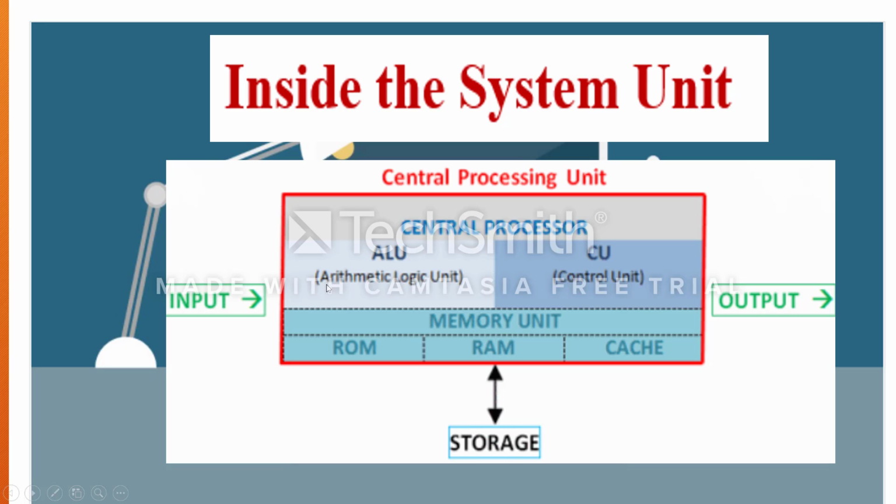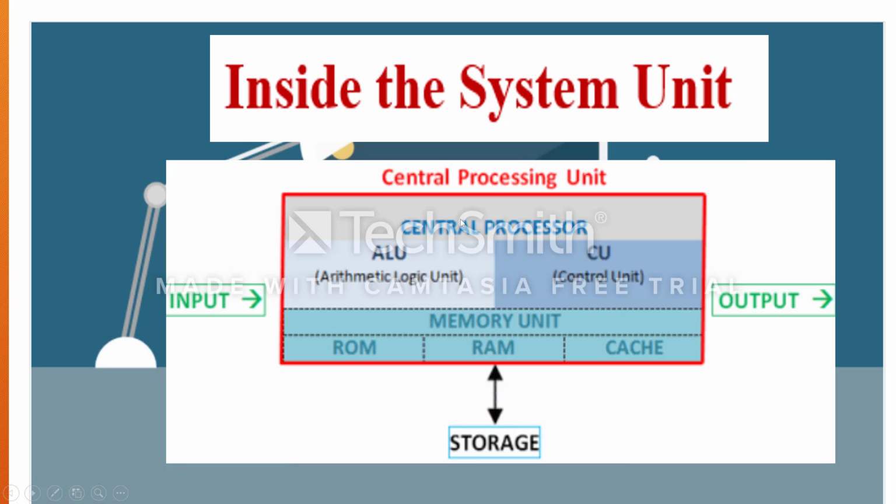One is the ALU, that is the arithmetic logic unit, and another part is the CU. The arithmetic logic unit is the part of the CPU which does all sorts of calculations, like plus, minus, divide, etc. The CU is actually like a traffic controller. Like a traffic controller controls the traffic on the road, the control unit controls the traffic inside the computer system.